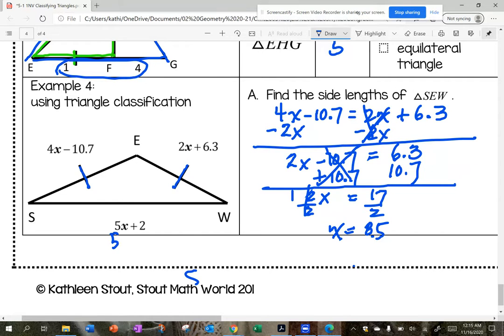So I have 5 times 8.5 plus 2. I get 44.5. 2 times 8.5 plus 6.3. I get 23.3.